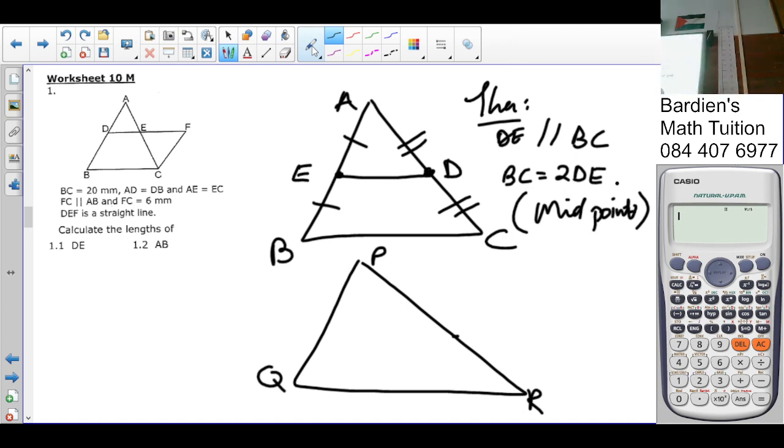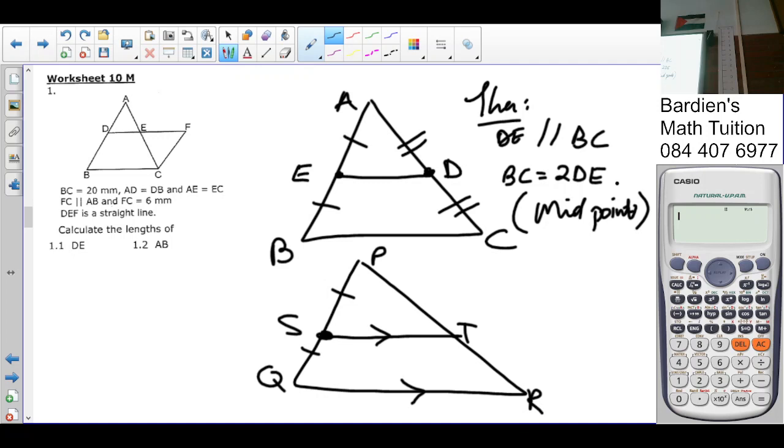I take the midpoint of PQ and I draw a line parallel to QR. So that is what is given here. We've got PS equal to SQ, and we've got that ST is parallel to QR.